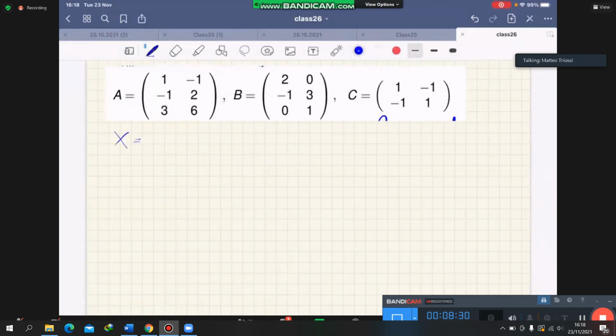Remember, X equals C minus A B^T. So B^T is, here you have A11 of B^T stays A11. 2.